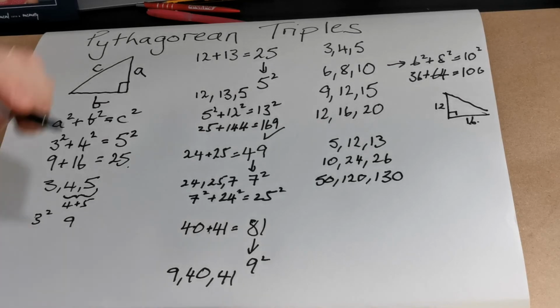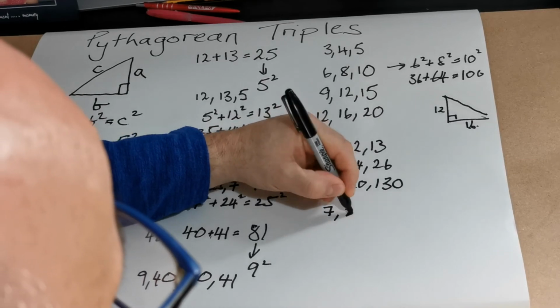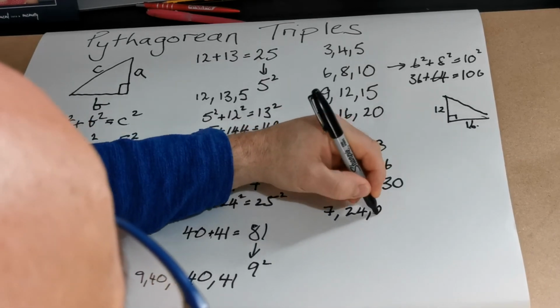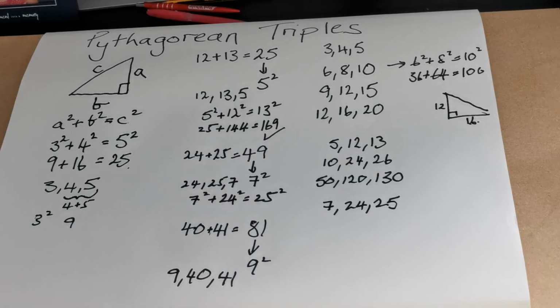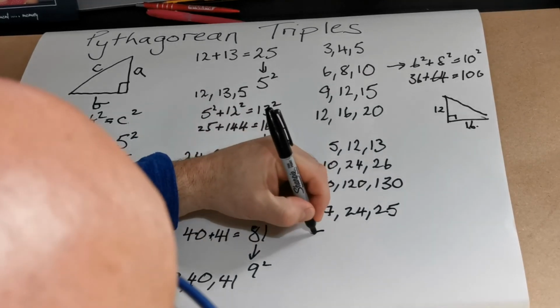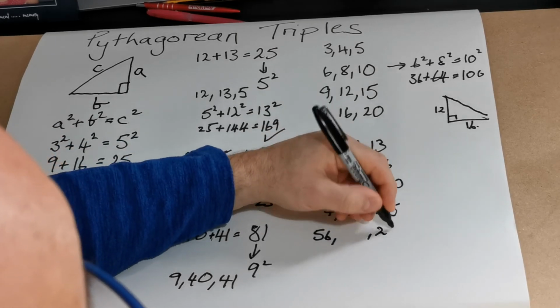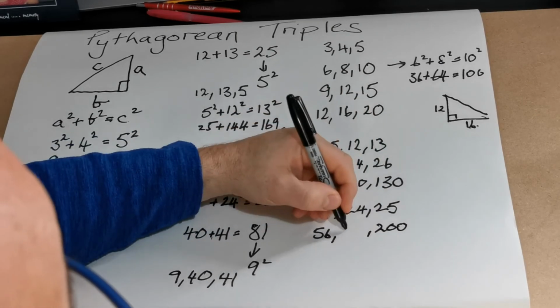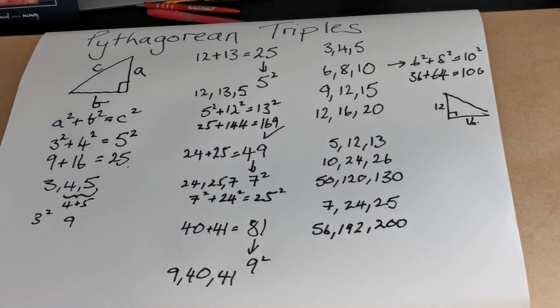And if you were looking at the 7, 24, 25 triple, if I wanted to multiply them both by 8, just to pick the number, 56, 192, 200, I think you should find that 56 squared plus 192 squared equals 200 squared.